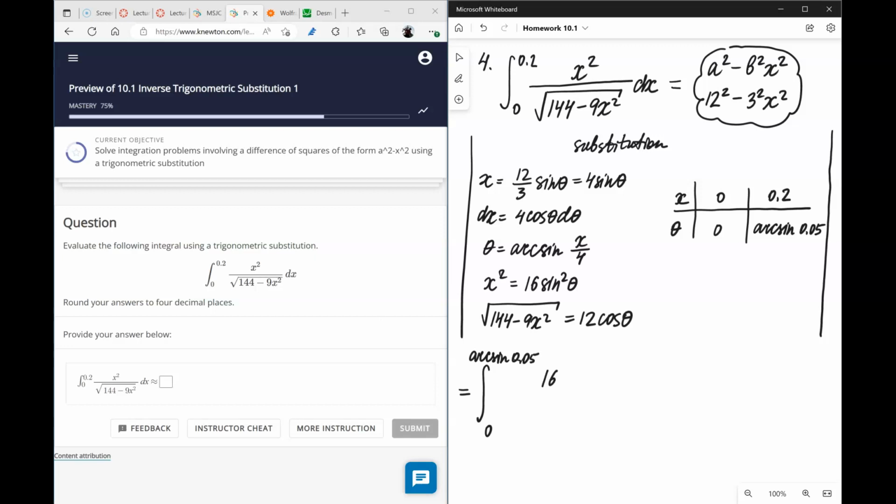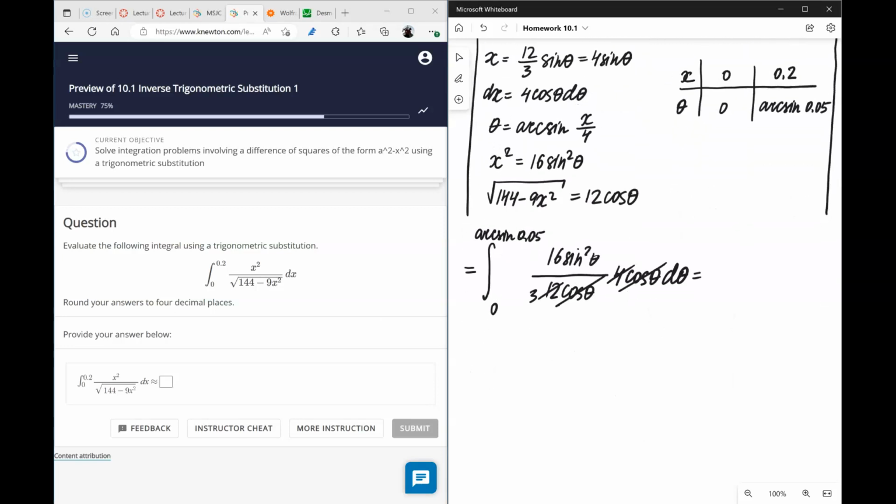X squared is 16 sine squared theta divided by 12 cosine theta, and dx is 4 cosine theta d theta. Simplify.